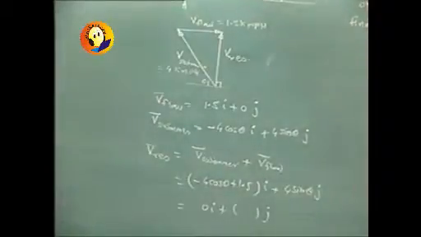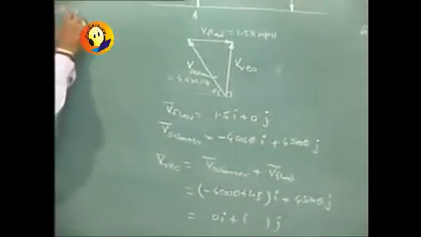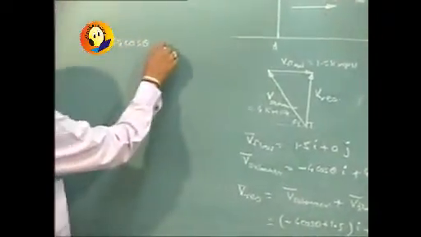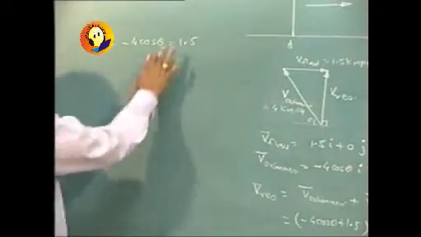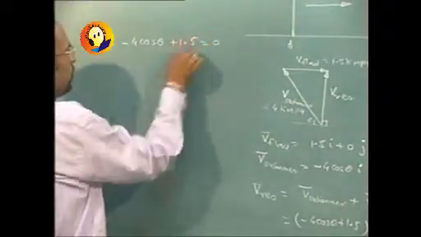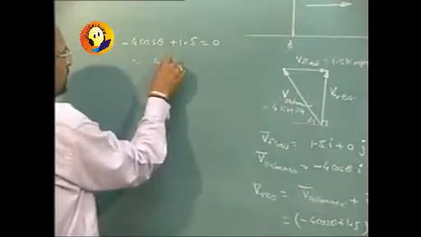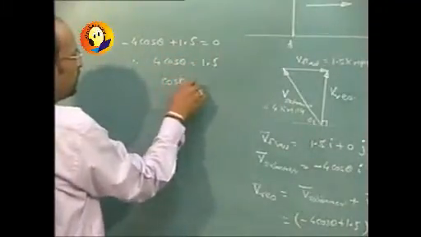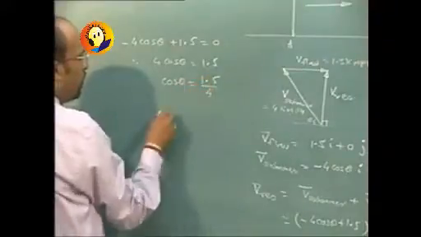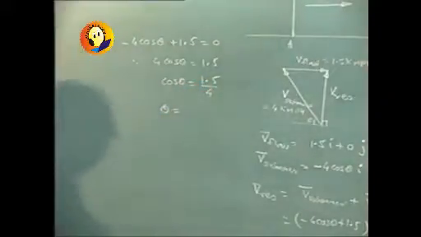And therefore we will get minus 4 cos theta plus 1.5 equal to 0. Therefore 4 cos theta is equal to 1.5, or cos theta is equal to 1.5 by 4, and we can determine theta, the angle with which the swimmer should swim.